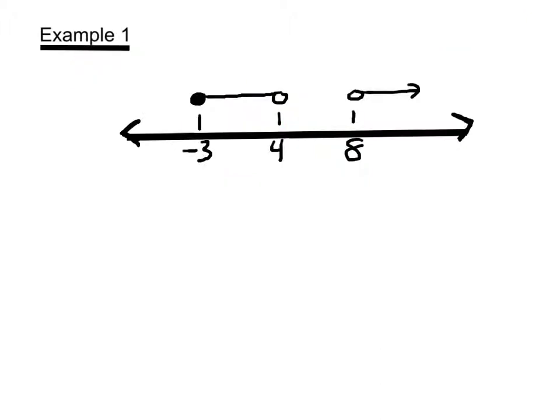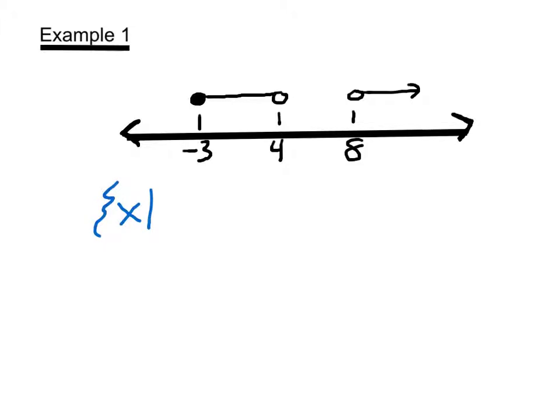Okay, let's take a look at an example. Say we're given this number line and we want to write in interval notation both in the normal way and using square bracket notation. Keep in mind that we really have 2 separate intervals here. The first is an AND statement, so we can write that. We're going to assume that x is a member of the real numbers.